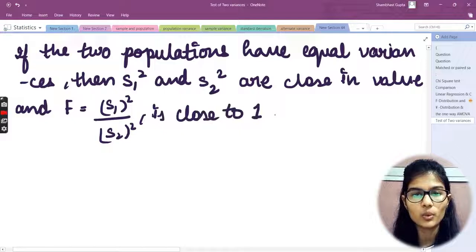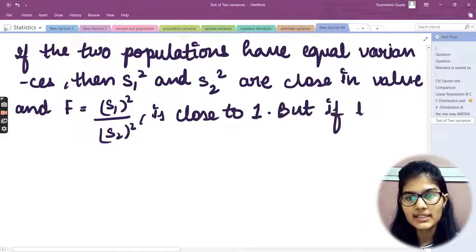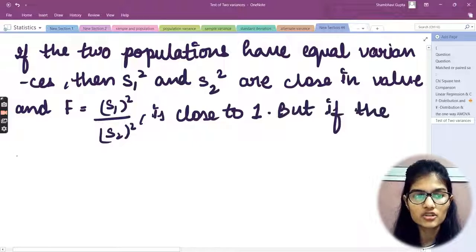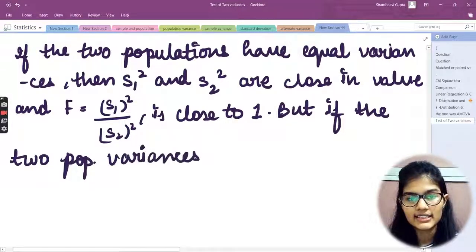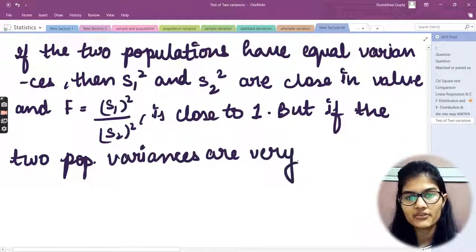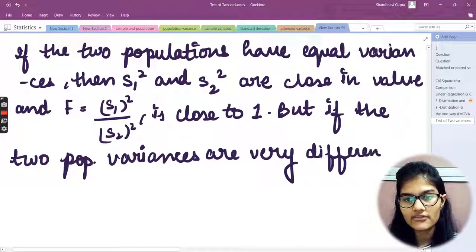So it is close to 1. But what happens if the two population variances are very different?